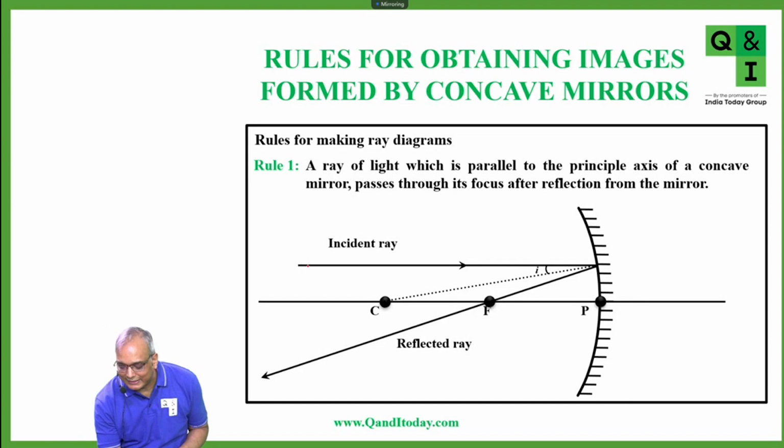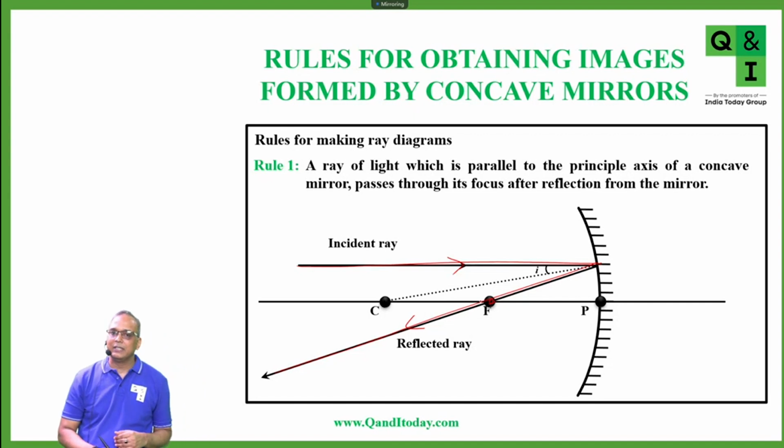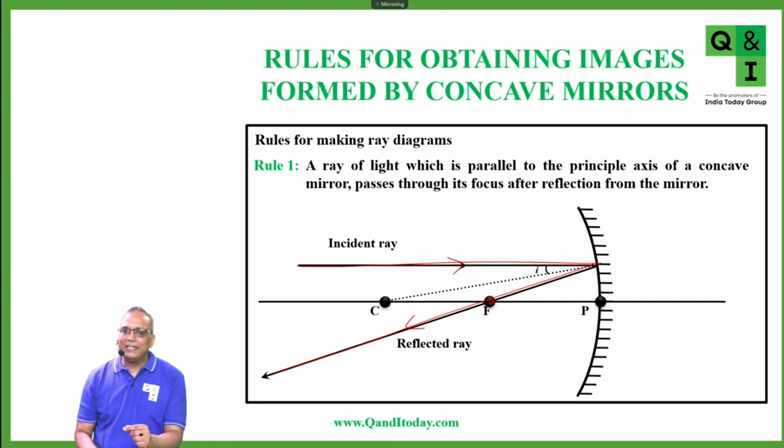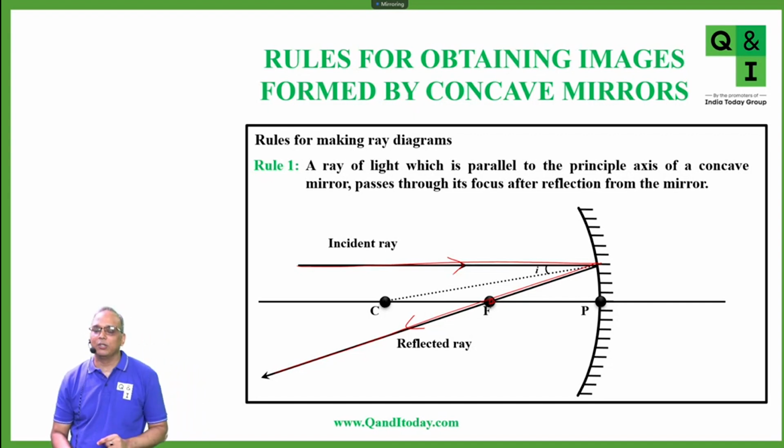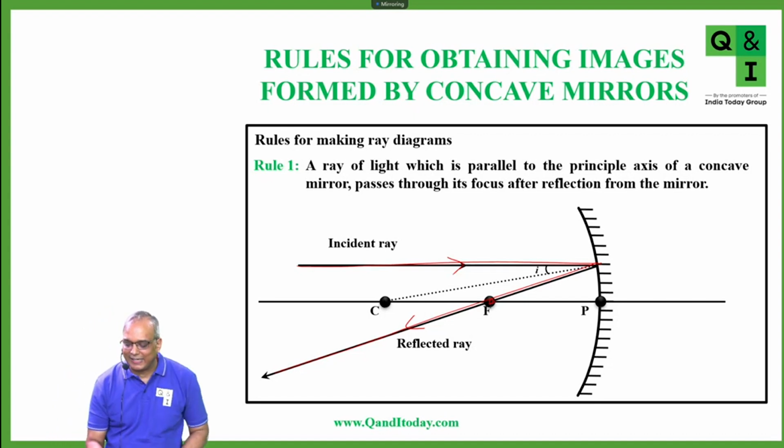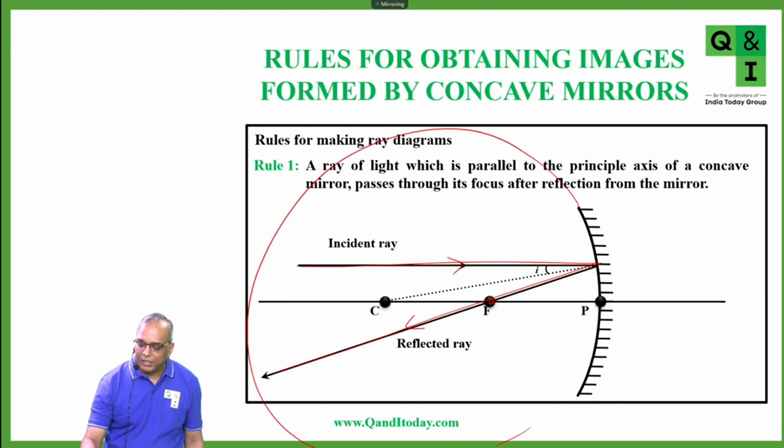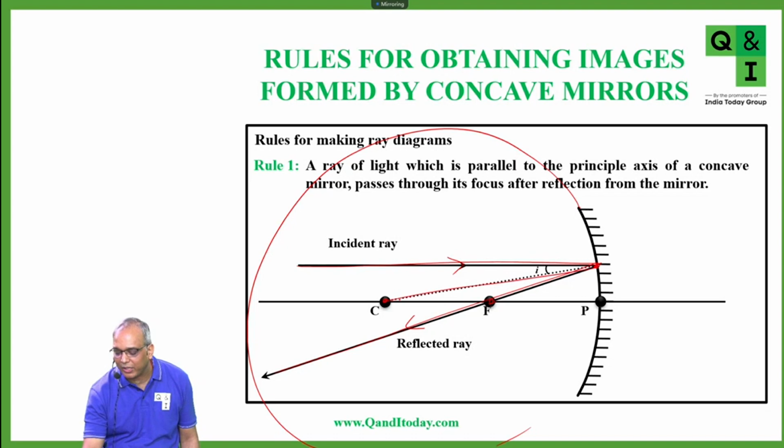So see, this is your incident light ray. After reflection, the light ray will always pass through the focus. Now here also, basically, the law of reflection is being followed. How is it? Let us understand. Because this is a part of a sphere, whenever you join the center of curvature to this point, any radius will always be perpendicular to the tangent.